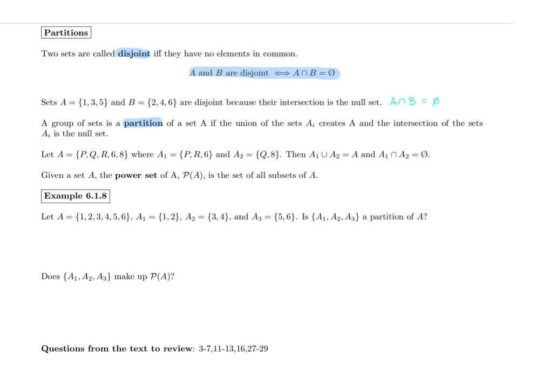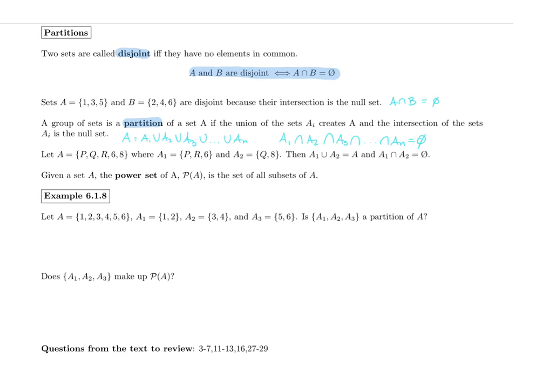So if we were to have n subsets of A, then we would say that A will be made up of A1 union A2 union A3 union ... all the way out to a union with A sub n. And likewise, A sub 1 intersected with A2, with A3, with ... with An would be the null set.